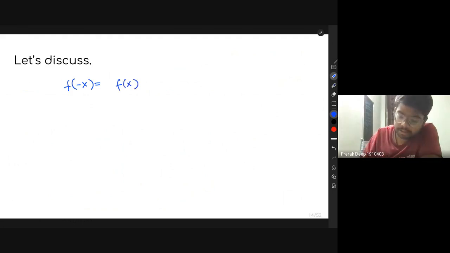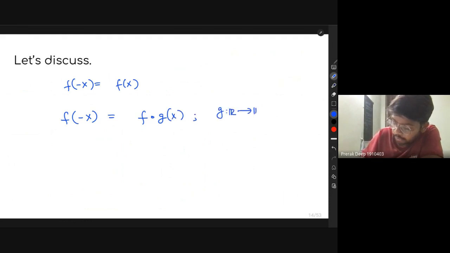Now if you differentiate this function, basically this f of minus x part, it can be thought of as a composition of two functions, where g is a real valued function of a real variable taking x to minus x.